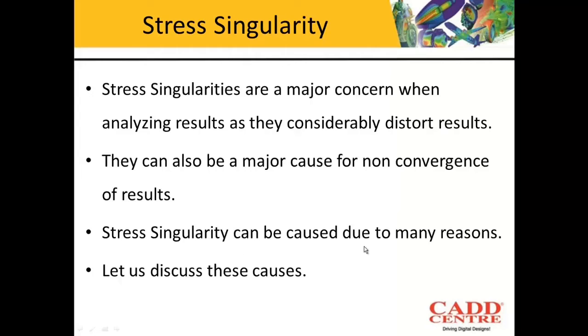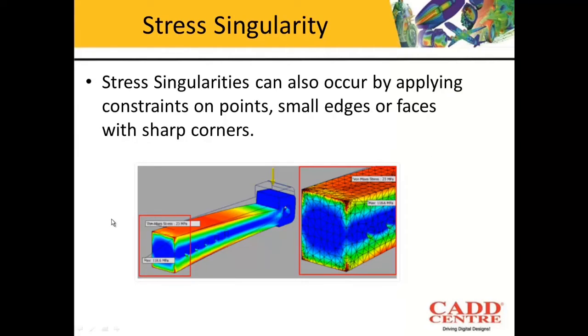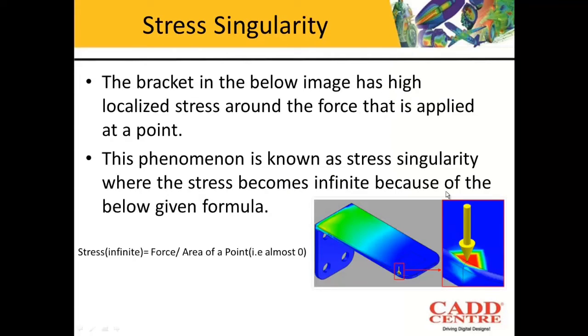Stress singularity can happen because of many reasons. Now let us understand what these reasons are. Stress singularity can occur when you are applying constraints on points, small edges or faces with sharp corners. Now look at this example over here. We have a force which is acting at this point. The stress formula is force upon area.